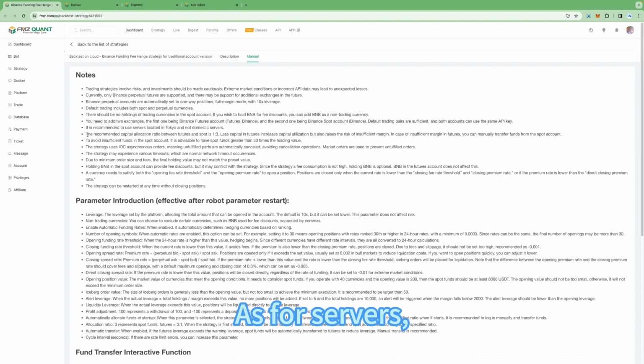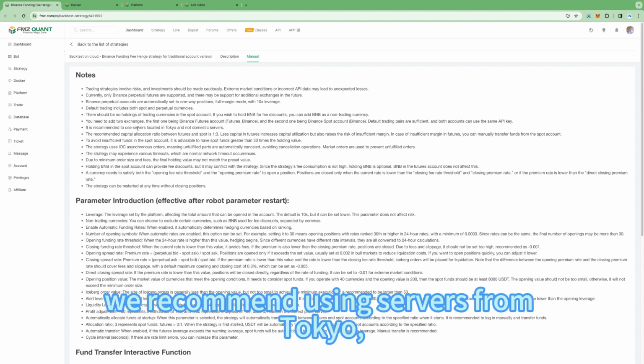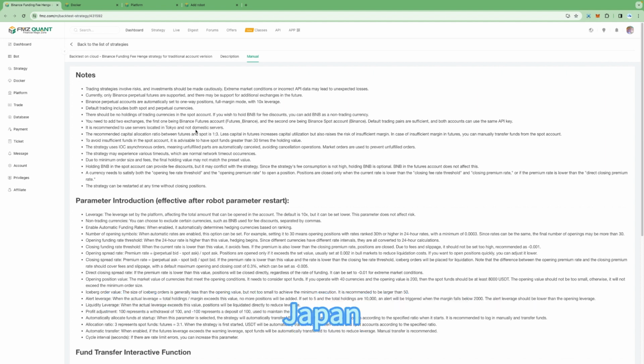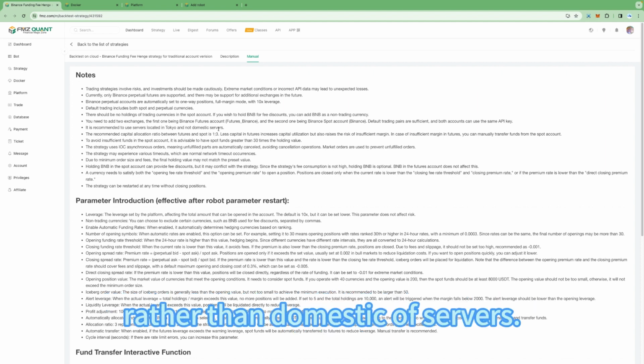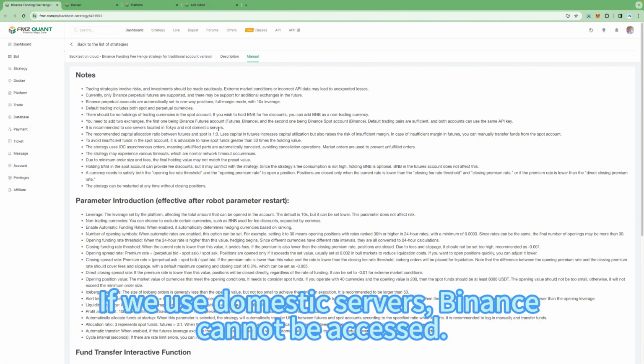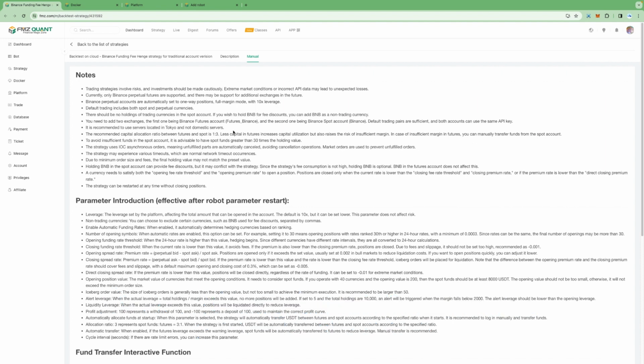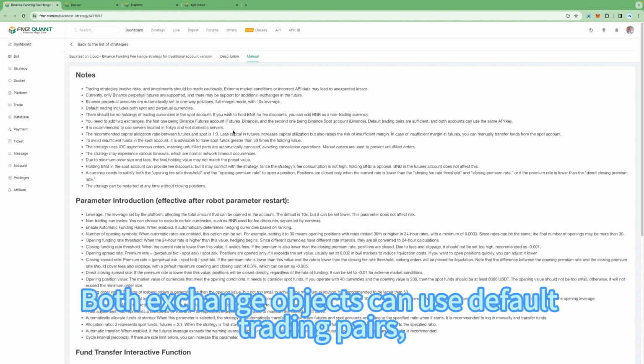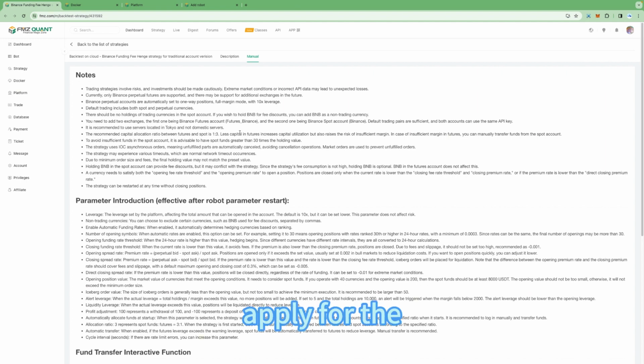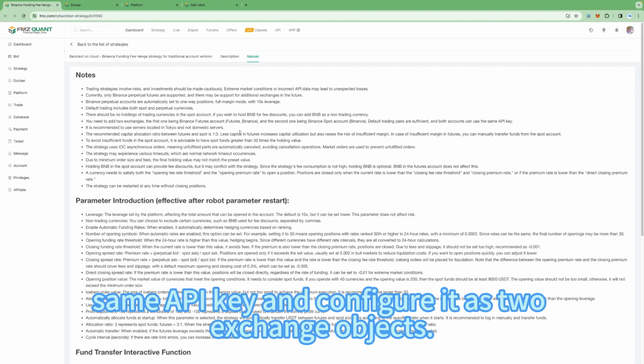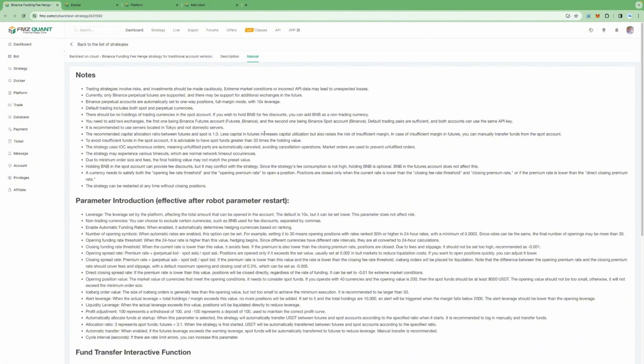As for servers, we recommend using servers from Tokyo, Japan, rather than domestic servers. If we use domestic servers, Binance cannot be accessed. Both exchange objects can use default trading pairs. Apply for the same API key and configure it as two exchange objects.